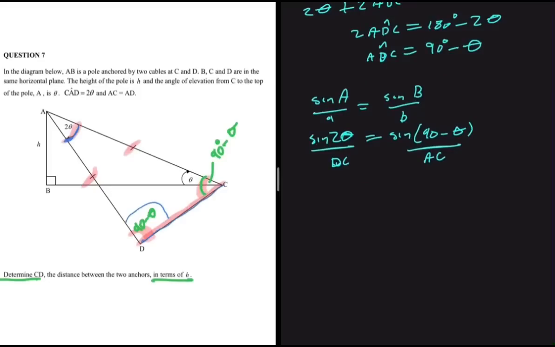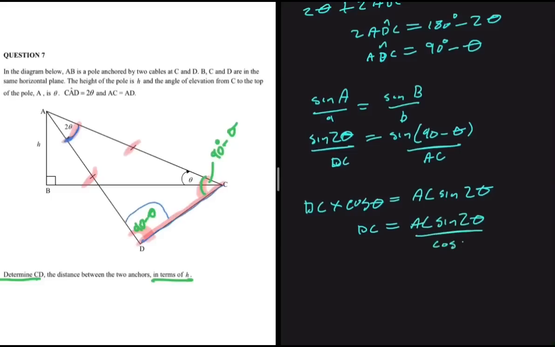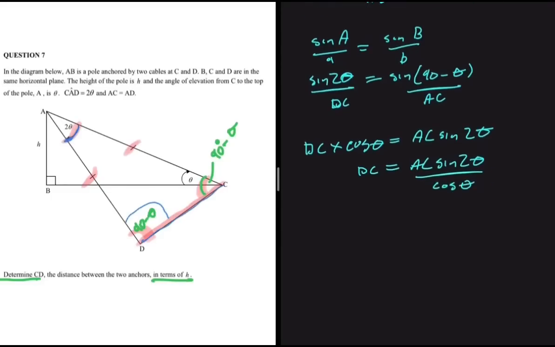So if we cross multiply, we get DC multiplied by sine of 90 minus theta, that is just cos of theta, right? And then that is equal to AC sine of 2 theta. So DC is equal to AC sine of 2 theta, everything divided by cos of theta. But we know fully well from trig that sine of 2 theta is equal to 2 sine of theta cos of theta.